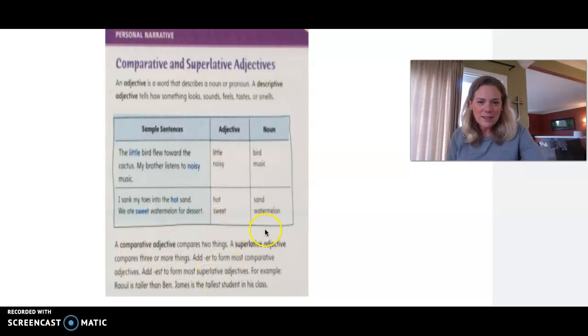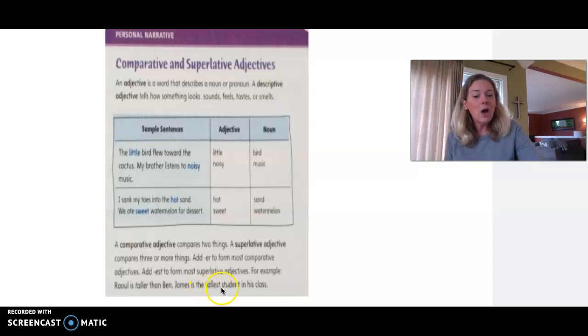And if we look through this example on the bottom, Raul is taller than Ben. James is the tallest student in class. It wouldn't sound right if we said Raul is tallest than Ben. That just kind of sounds like it's not right.